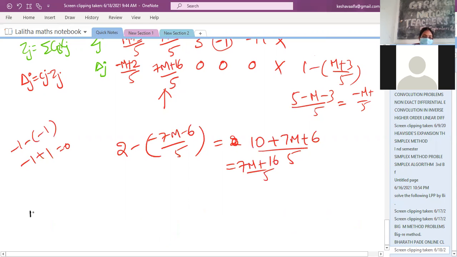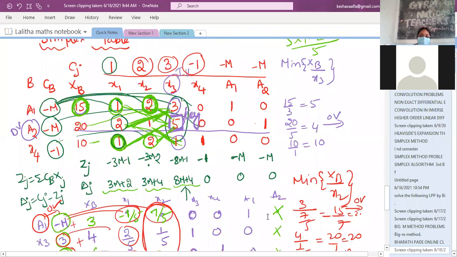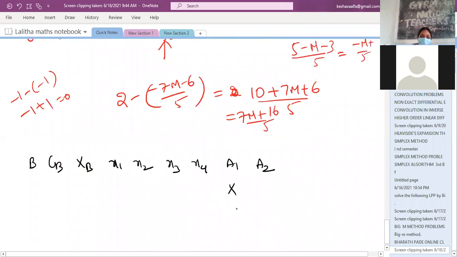In the third table, write the basic variables, cost of basic variables, xb values, x1, x2, x3, x4, and artificial variables a1, a2. A1 is eliminated and a2 is also eliminated, so no need to calculate the a1, a2 columns.